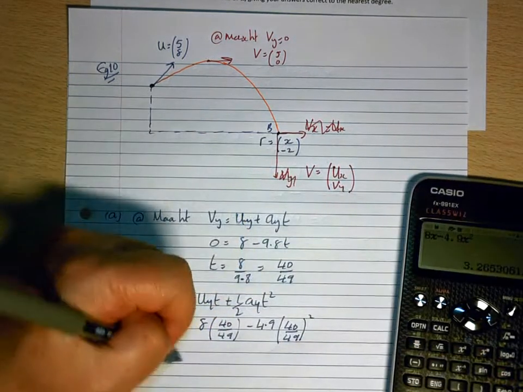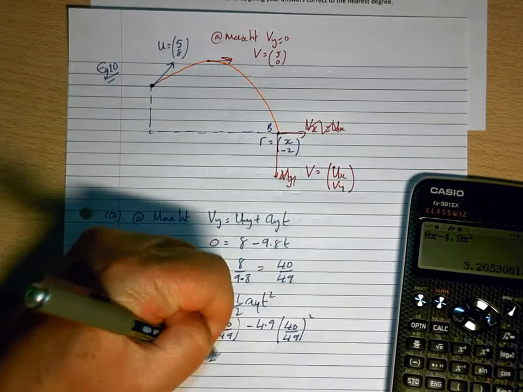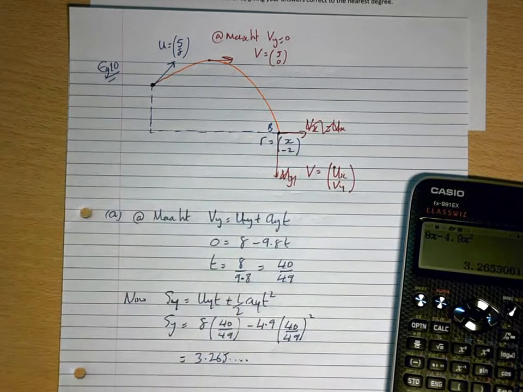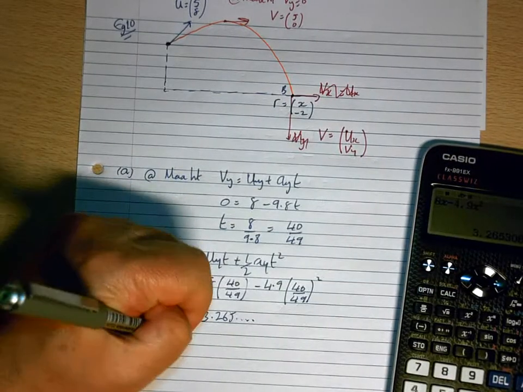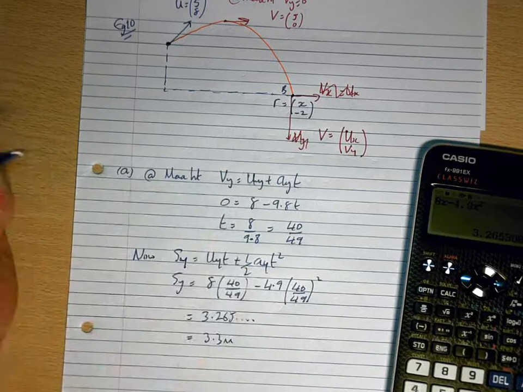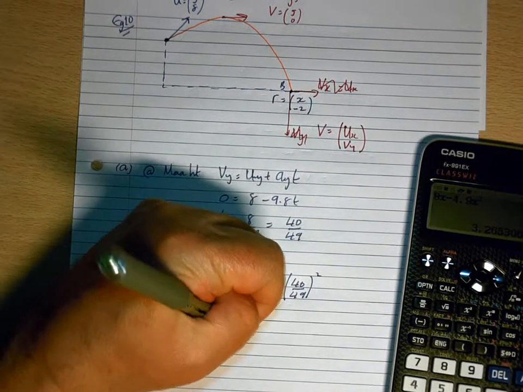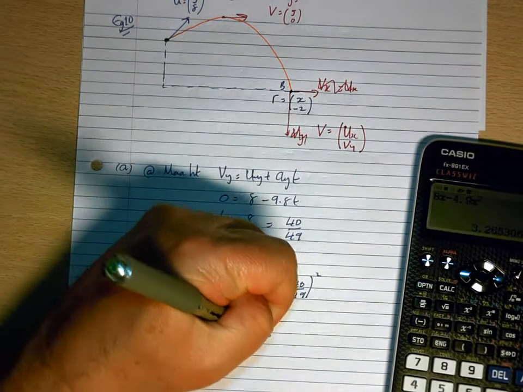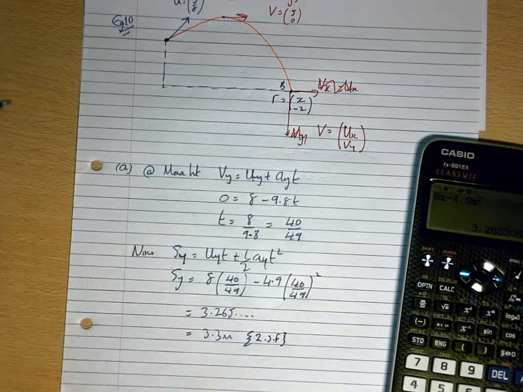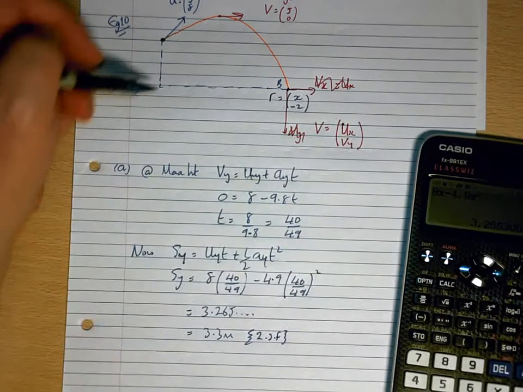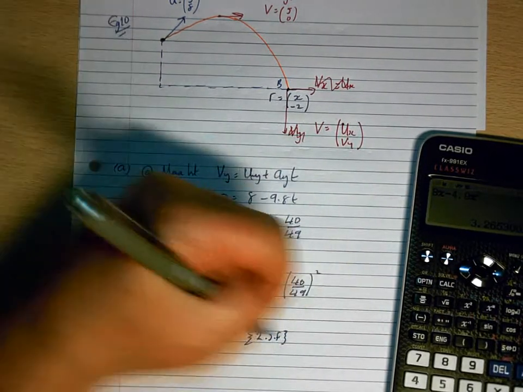3.265 and so on, which is 3.3 meters to 2 significant figures, but that's 3.3 meters above the point of projection.